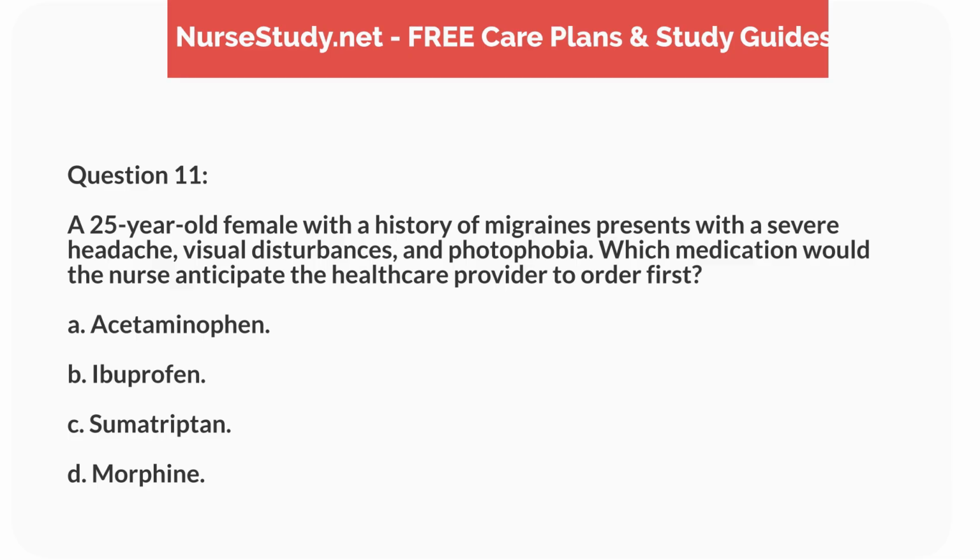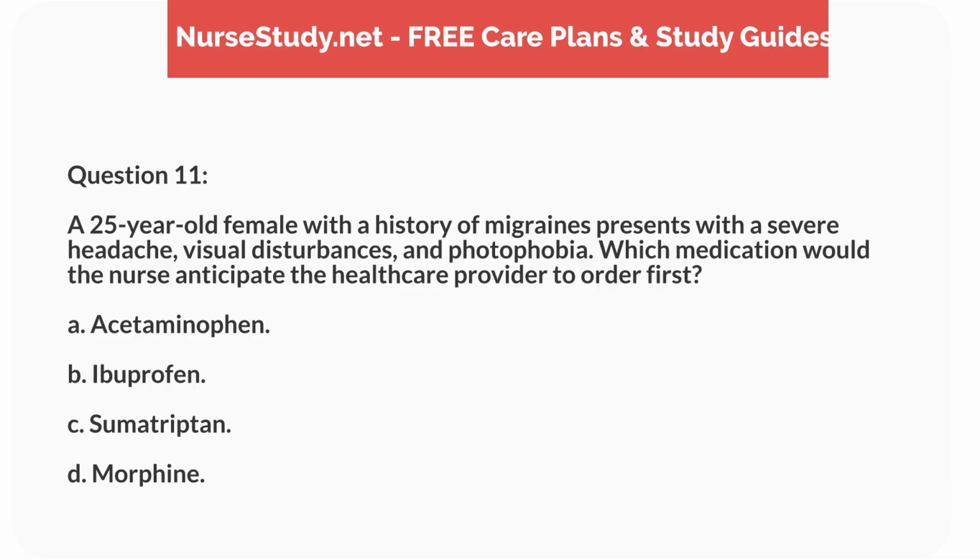Question 11. A 25-year-old female with a history of migraines presents with a severe headache, visual disturbances, and photophobia. Which medication would the nurse anticipate the healthcare provider to order first? A. Acetaminophen. B. Ibuprofen. C. Sumatriptan.